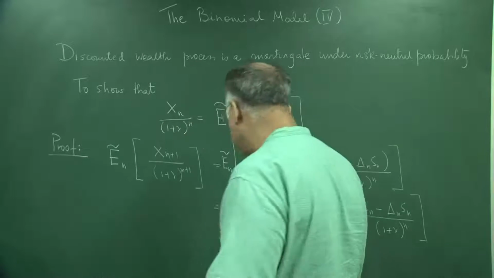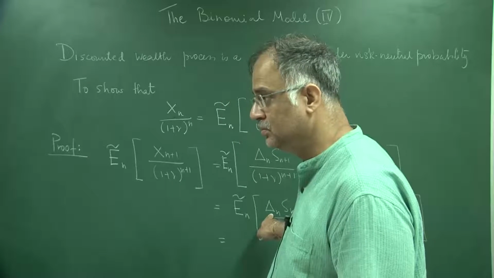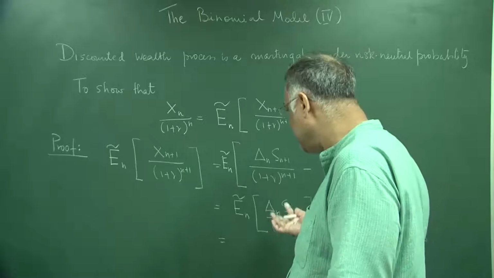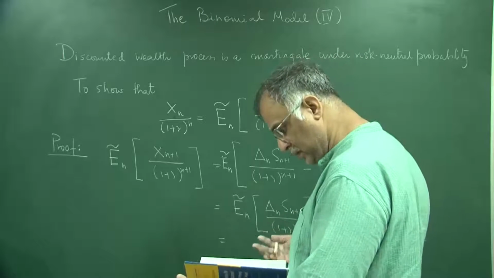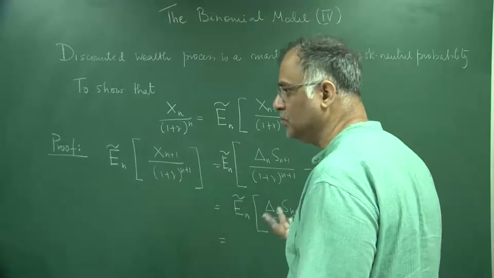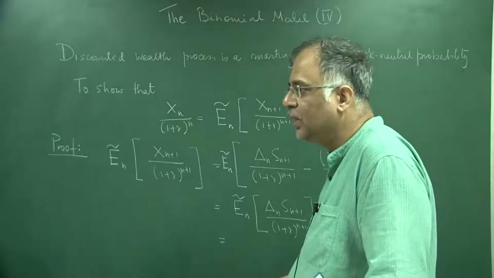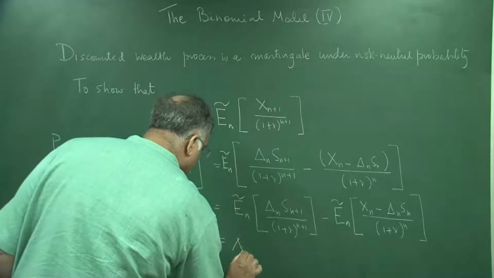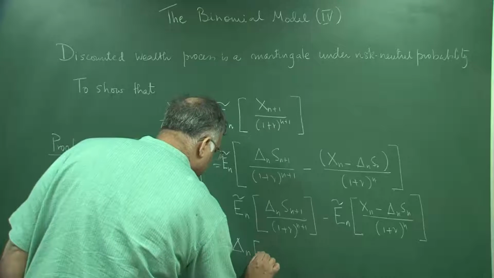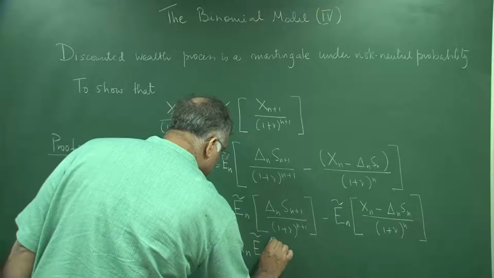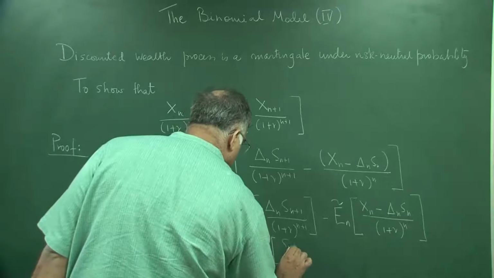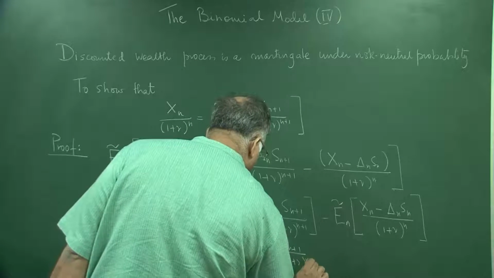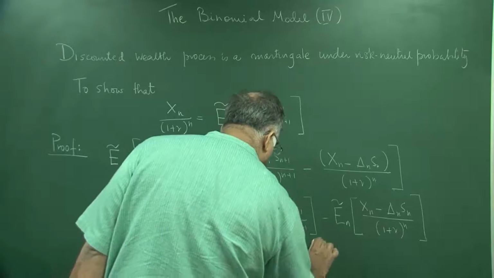At time n, delta n is also known. Because these things are done at time n plus 1, but at time n, delta n is also known. I know how much I have to buy now. So, delta n, I am taking out what is known. You see how things are beautifully coming in.